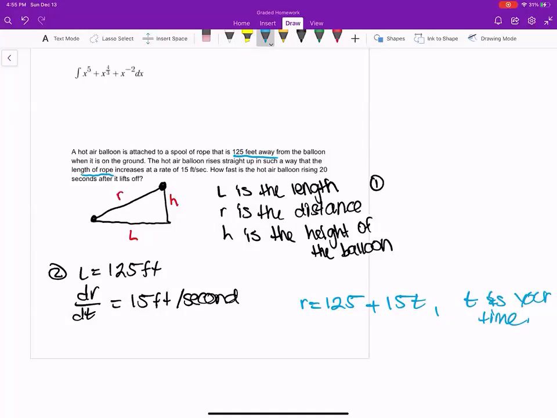Okay, so now by Pythagorean theorem, you have R squared equals L squared plus H squared. L is 125, so 125 squared plus H squared.